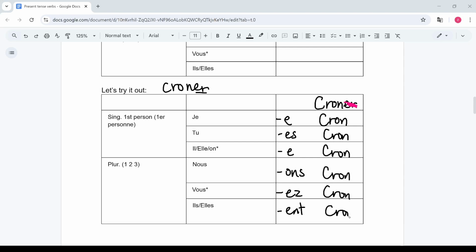And then we are going to add our endings. Crôn, crôn, crôn, crônons, crônez, crôn. Remember, ENT is pronounced just like an E. And there we go. With this made-up verb, assuming this is regular, this is how we would conjugate it.